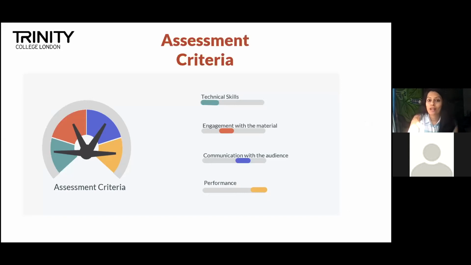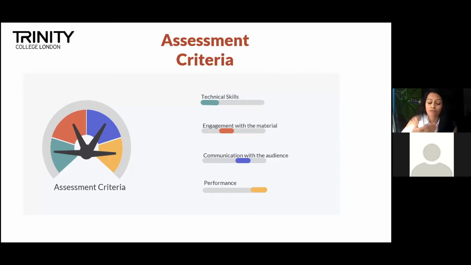Now, to come to the assessment criteria, there are four major aspects. The first is the technical, which will be the vocal and physical skills, everything related to speaking, pause, emphasis, phrasing, the way you communicate, talk, your tonality, and all of that.